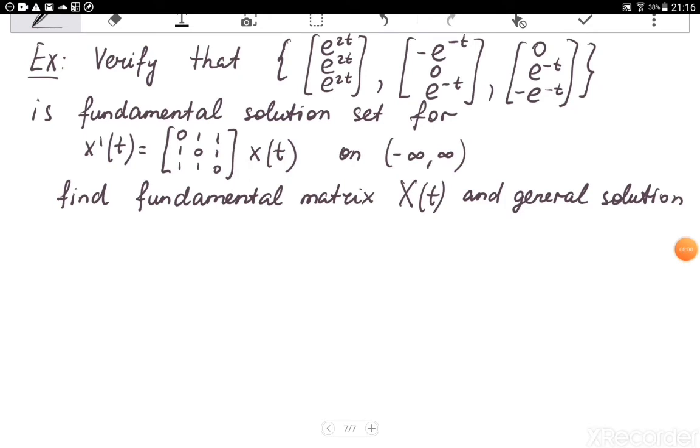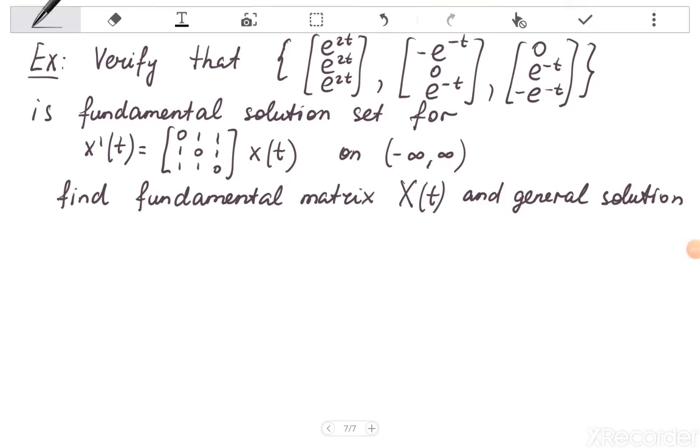Let's consider the following example. Verify that this given set of vector functions is a fundamental solution set for this system on the interval minus infinity to infinity. Find the fundamental matrix and general solution. So the first step, let's verify that this is a fundamental solution set.